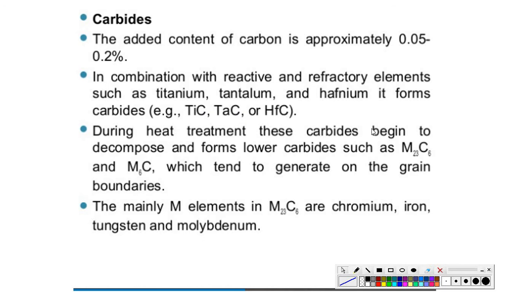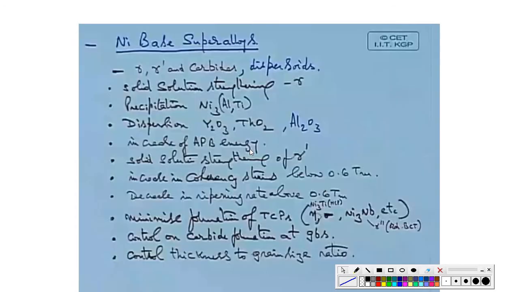And during heating these carbides begin to decompose and form lower carbides, such that during service life they form M23C6 or M6C, which tend to generate on the grain boundary. Where M is chromium or iron or tungsten or molybdenum. Okay, and these carbides and borides segregate along the grain boundary, which increases the strength of the material.